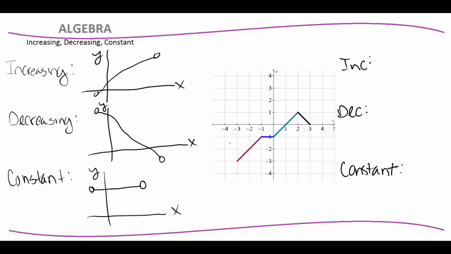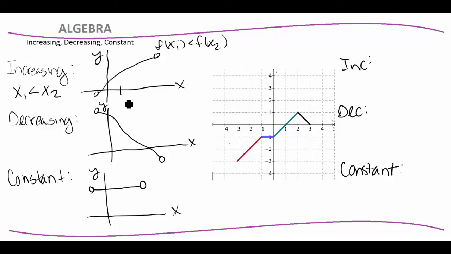Today we're going to talk about increasing, decreasing, and constant. First, let's talk about the definitions. The definition of increasing is: a function f is increasing on an open interval if for any choice of x1 and x2 in the interval, x1 is less than x2, we get that f of x1 is less than f of x2.